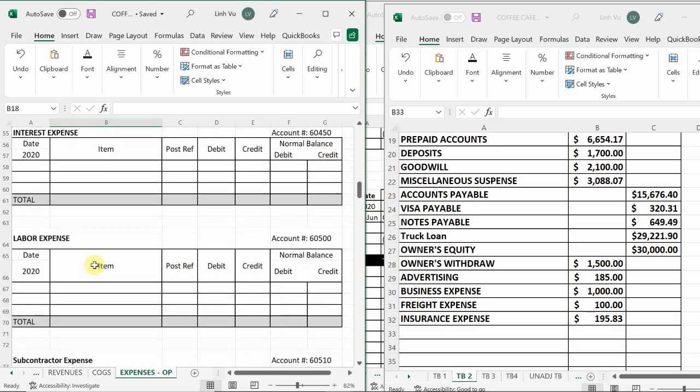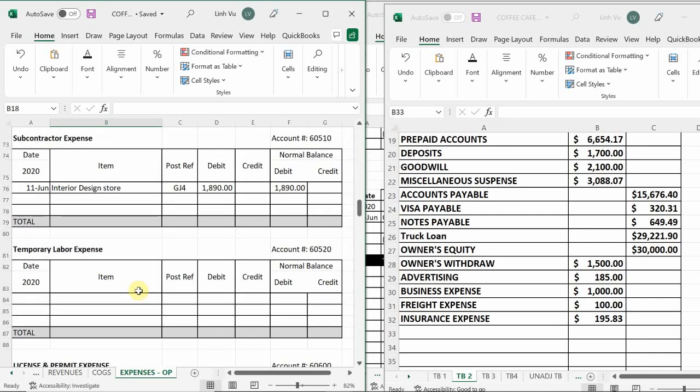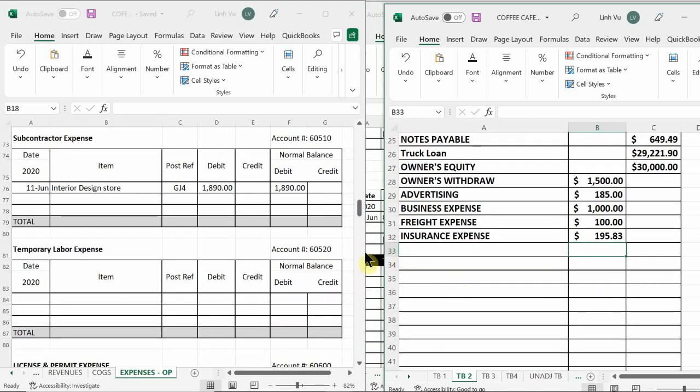Labor expense. Yes, we had somebody come in and work on designing the store, and that was the subcontractor expense for $1,890. Temporary labor expense.